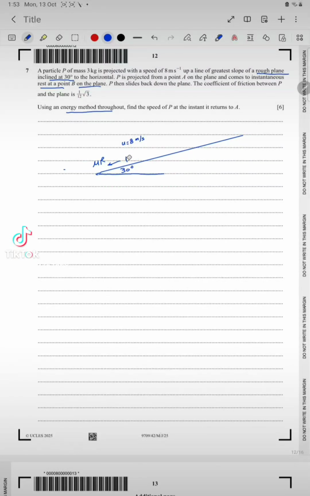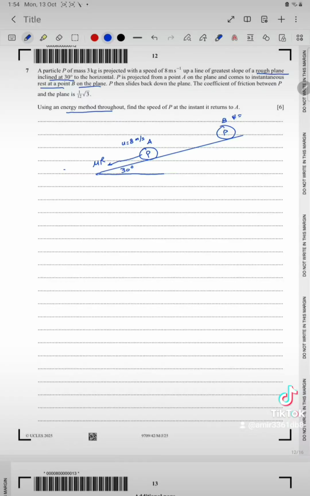Okay, we can draw it a little up here, P, because we need to resolve its components. P is projected from point A up the plane and comes to instant rest at point B. If this is point A, here it is point B, and it will be at rest here.